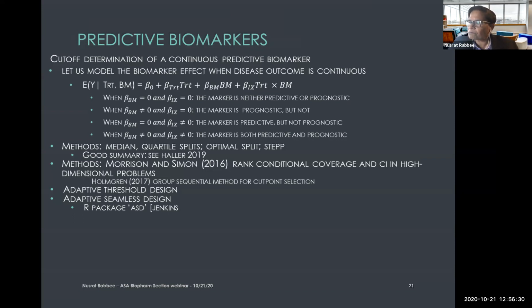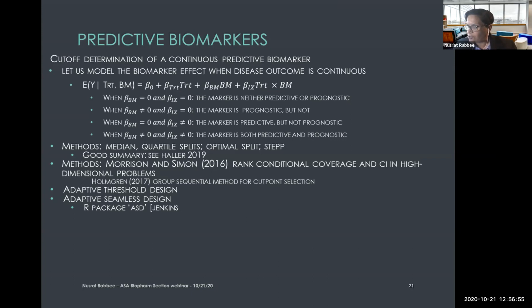So anyway, the point is to discuss how you are going to split the biomarker. There's the median, the quartile, the optimal split, and the step. There are many procedures. There's a rank conditional approach, and there is an interesting approach. So I discuss them. I also talk about the Holmgren procedure.